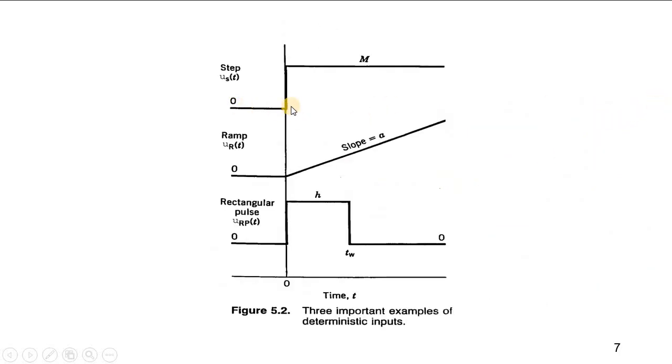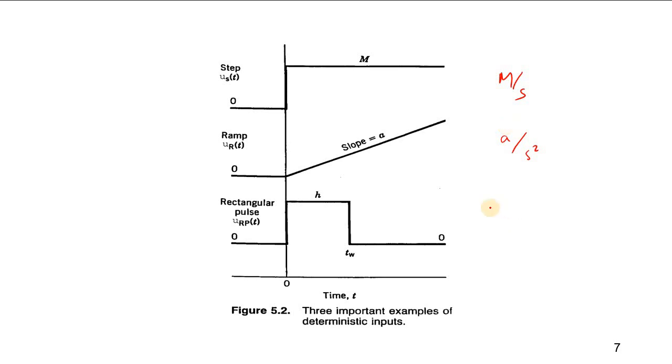Okay, so what did I say? I said that we could have a step input, or we could have a ramp input, or we could have a pulse input. In the first case, that will be m over s. In the second case, it's going to be a over s squared. And I'm just putting different notations, m and a, just not to confuse between them.